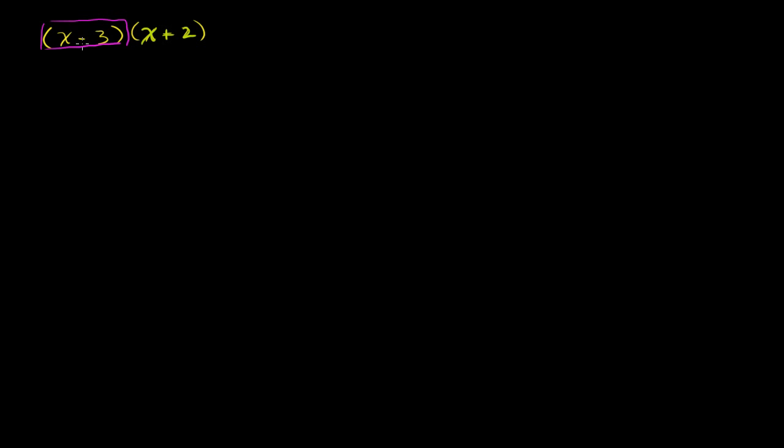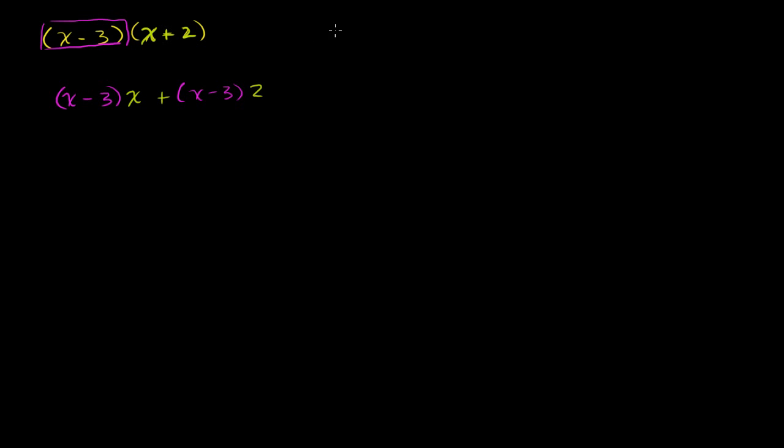So let's just distribute this onto each of these variables. This is going to be x minus 3 times that green x plus x minus 3 times that green 2. All we did is distribute the x minus 3. This is just the distributive property.